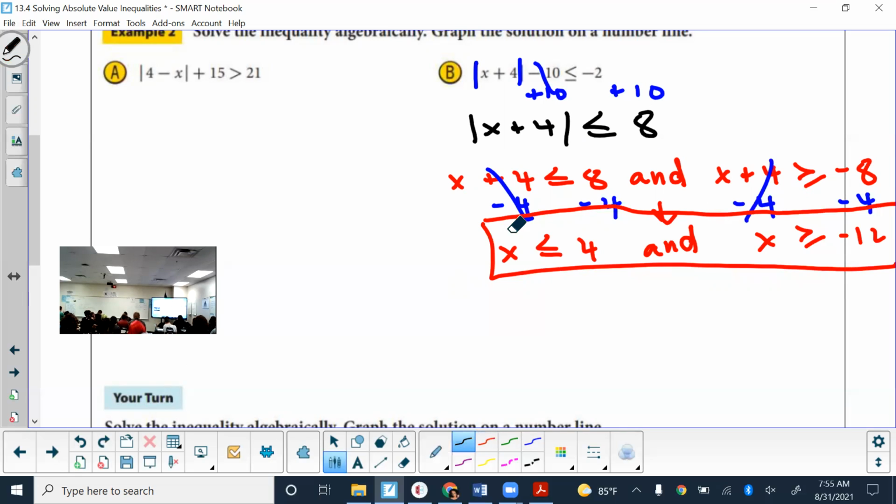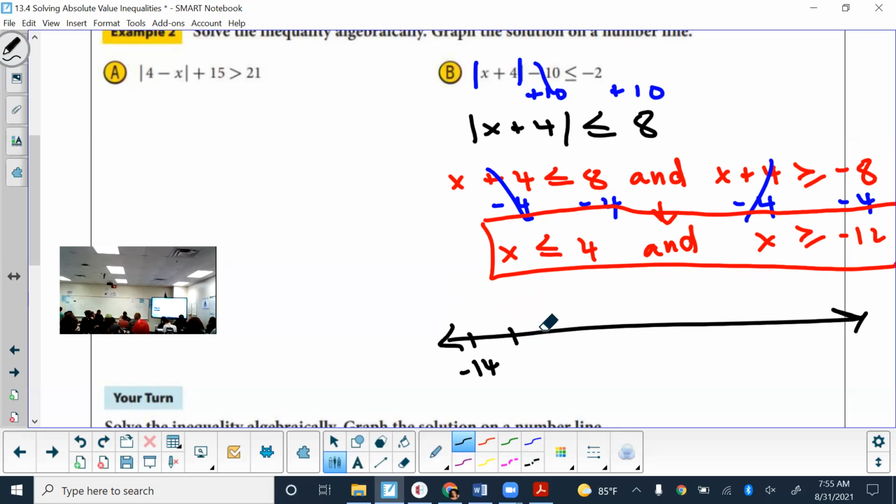All right, now let's graph it. This time it has to go all the way from -12 to 4. So maybe I'll start at like -14. And I'm going to have to count by 2s.